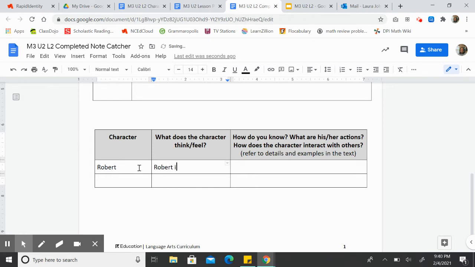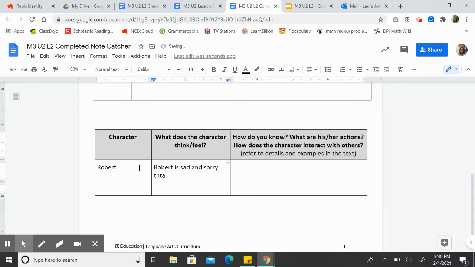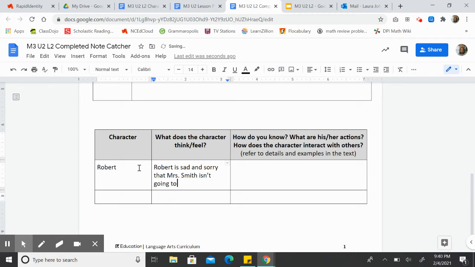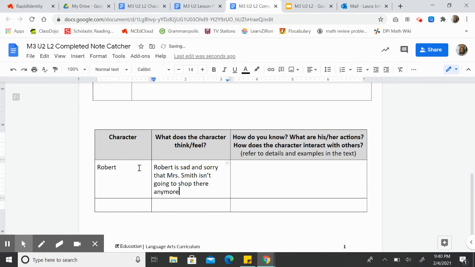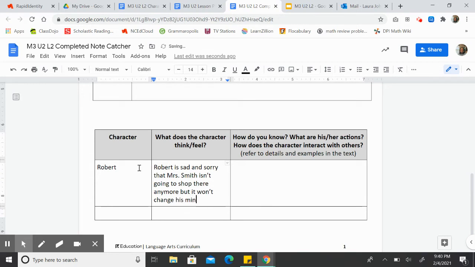Well, Robert is sad and sorry that Mrs. Smith isn't going to shop there anymore. But it won't change his mind about what he believes.